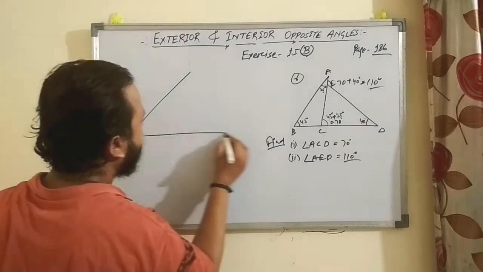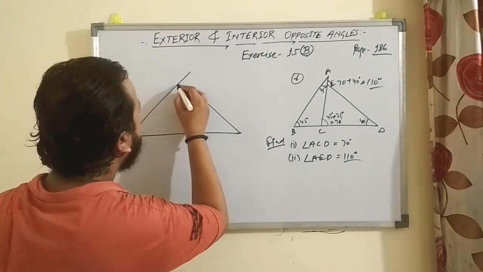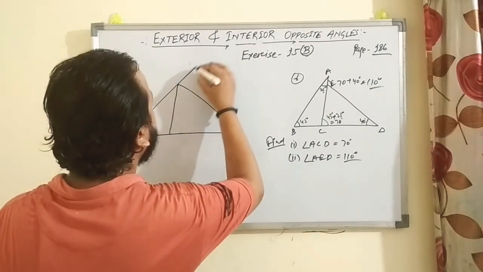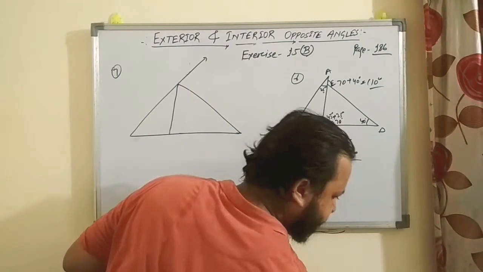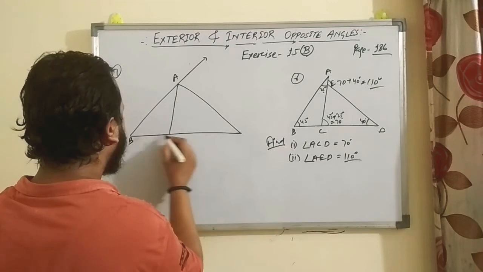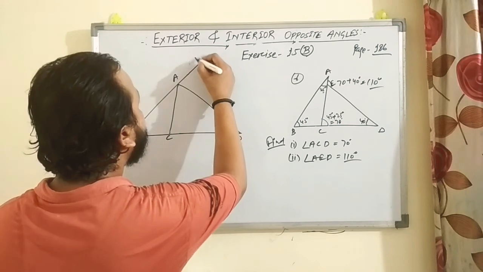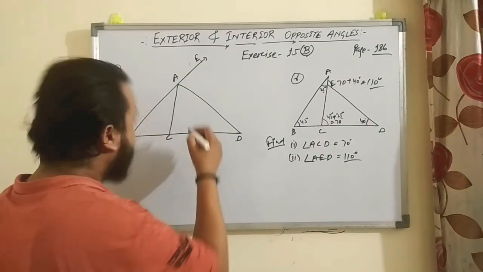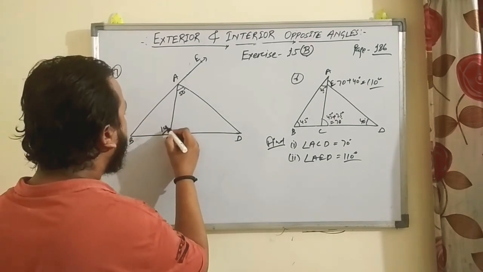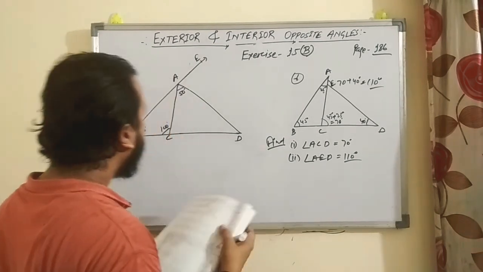Figure is like this is A, B, C, D. This point is E. Here the angle is 50 degrees, 100 degrees, 40 degrees, right? You have to find out.